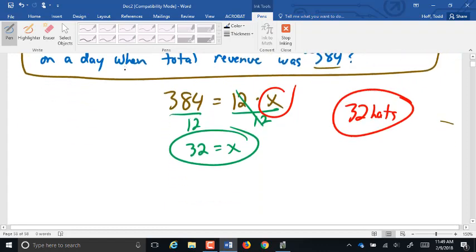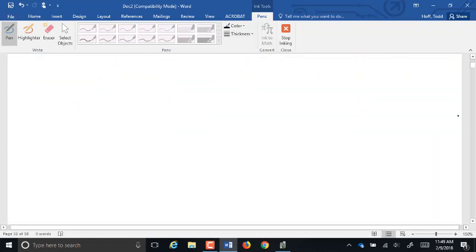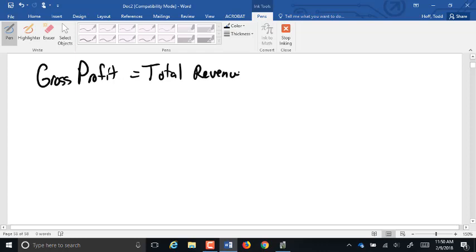Another formula we might run into might be gross profit equals total revenue minus total cost.